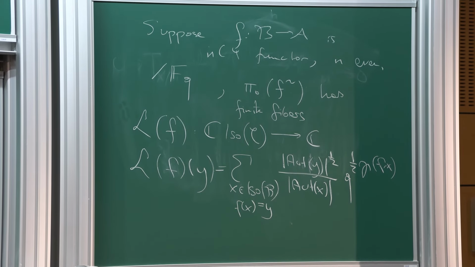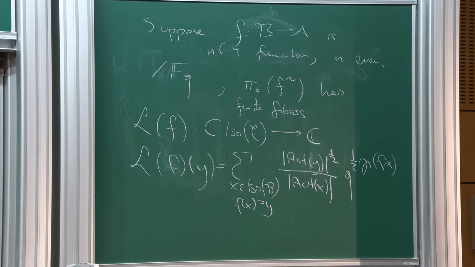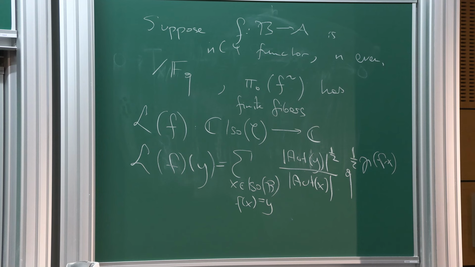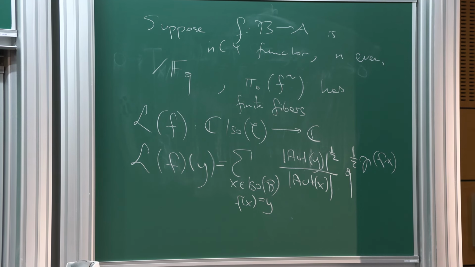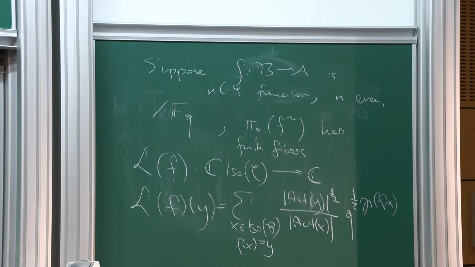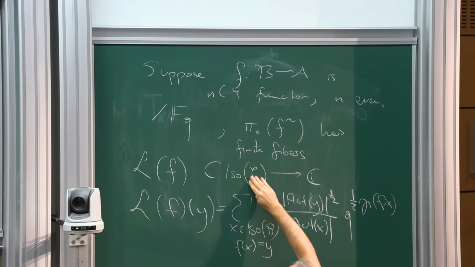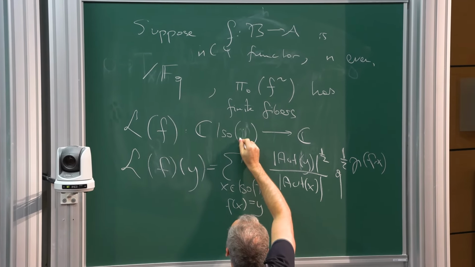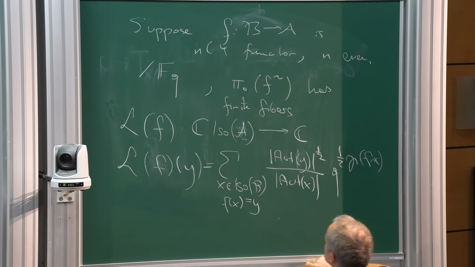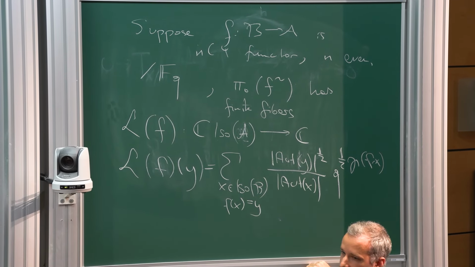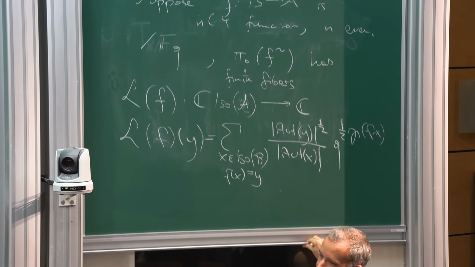What is C? C is complex numbers, or the curly one is a category, DG category. Which one? Is it B and A? That's not related. No, it's C. Oh, sorry, you're right. This should be A. It's a little bit better. What is the exponent for q? Yeah, I'm going to tell you now.